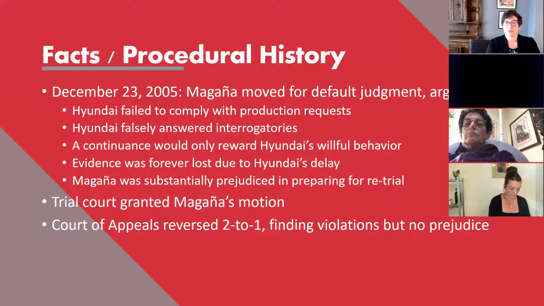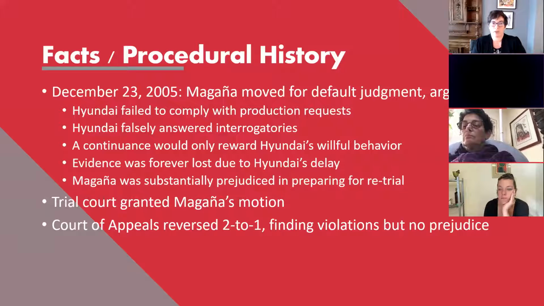So Magana moved for default judgment, arguing that Hyundai failed to comply with the prior production requests, falsely answered discovery, and that a continuance would only reward Hyundai's willful behavior, that evidence was forever lost due to Hyundai's delay.